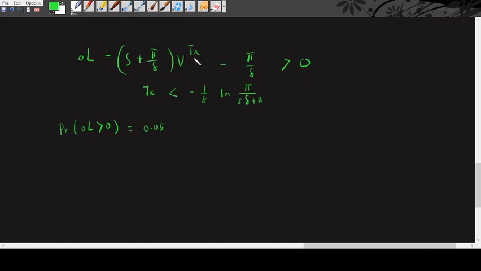You just bring whatever is here to this side and leave T_x. So the probability that loss is greater than 0 equals the probability that T_x is less than t, where t is this amount, which also equals the CDF F at 1 over delta ln of pi over (S delta plus pi).